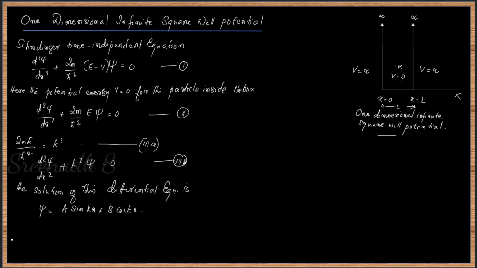So we are going to apply a few of our conditions. First, the continuity condition on psi. As we can see in the figure, it is impossible to find the particle outside the box, because the particle is trapped inside the box, and this box has an infinite height wall.